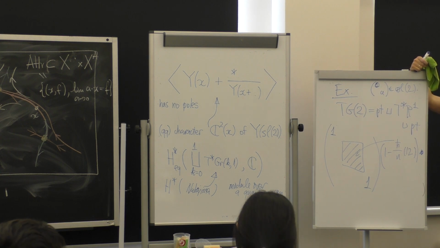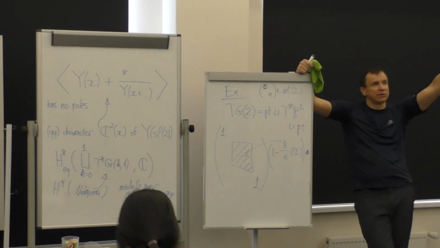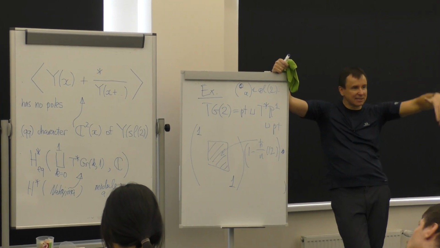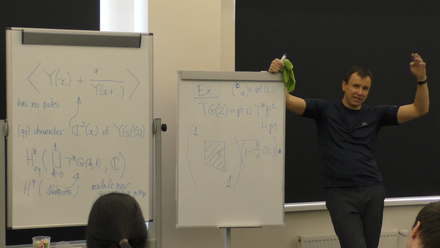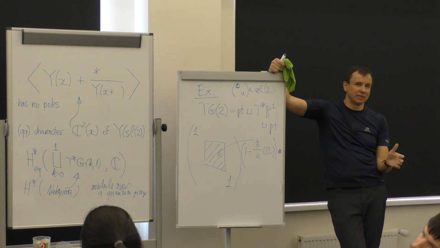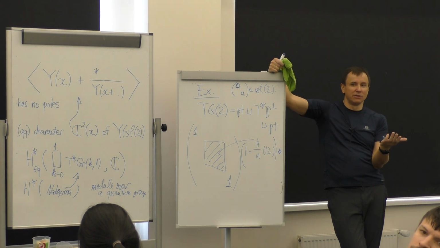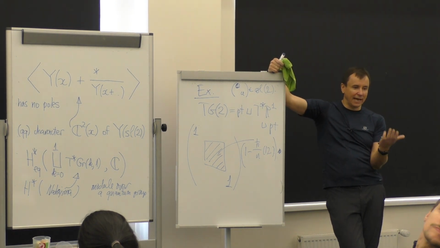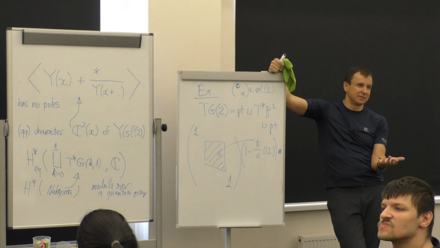Then the question is, among all the quantum multiplications, particularly the classical multiplication, because for that we know the eigenbasis in the fixed points.